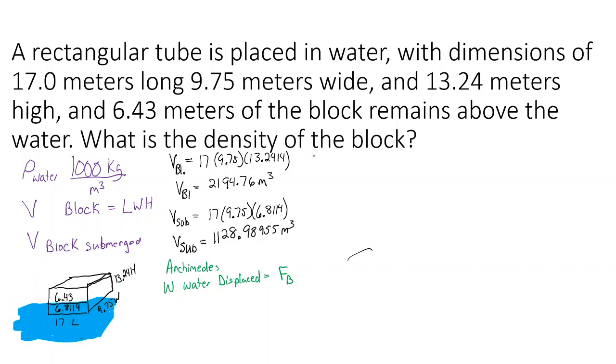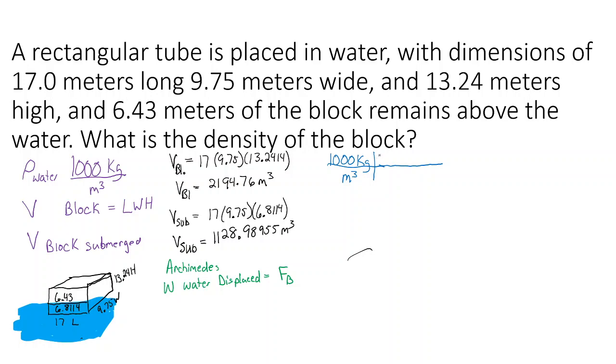So what we would like to do is start with our density of water, 1,000 kilograms per meter cubed, and we are going to take the value of the submerged block because we want to find just the water that it's moving out of the way.